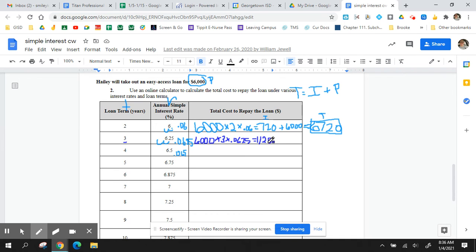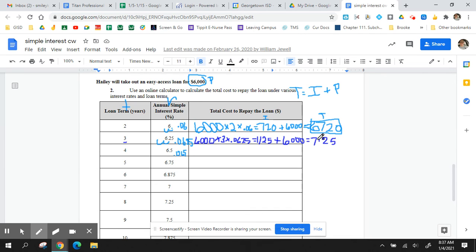But remember, we're not done. We need to add back in that starting amount, so we're going to say plus 6,000. I went ahead and added that in my calculator, and your grand total is 7,125.